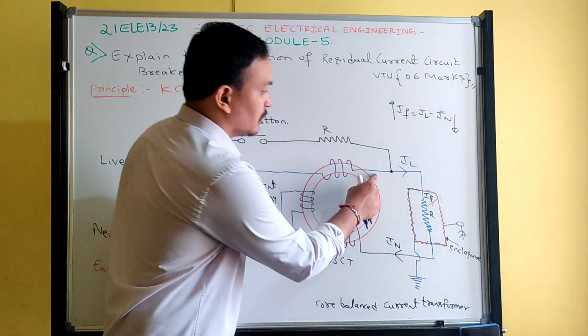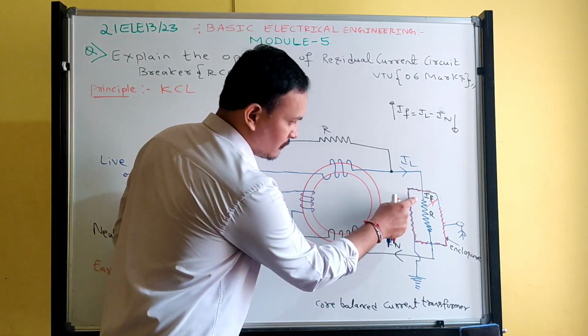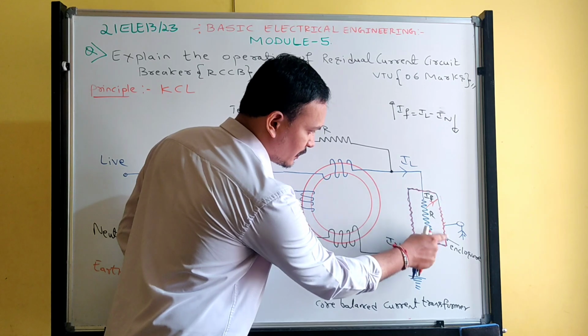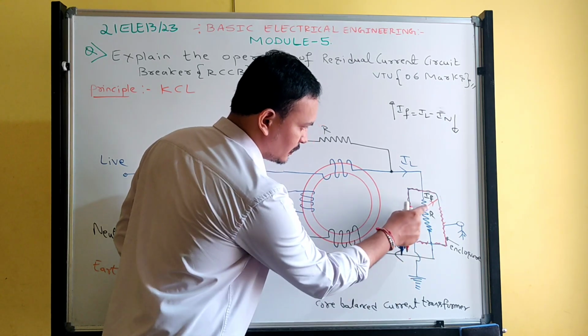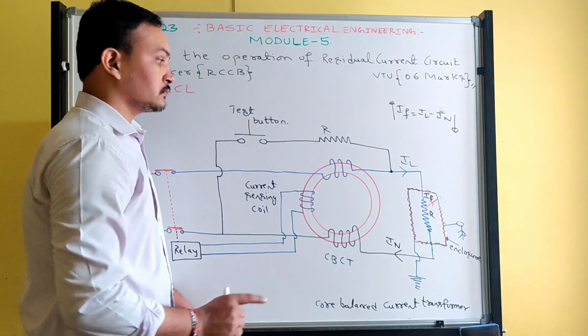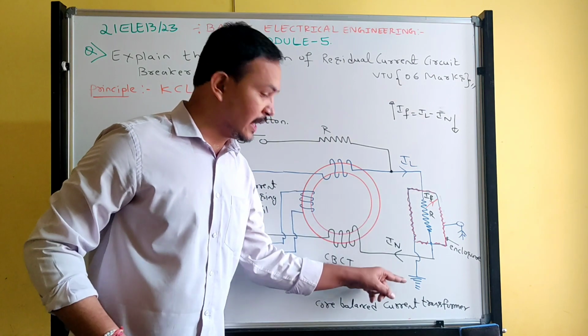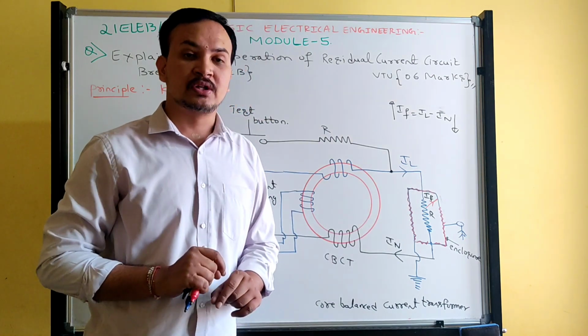See, current coming from the live of the wire, the same live wire current is passing through the earth. This fault current IF is passing through the earth. So current flowing from live of the conductor to the earth is called residual current.